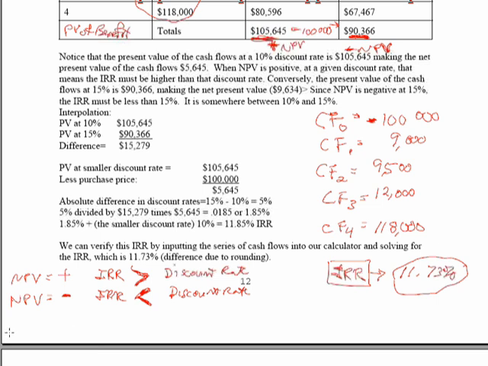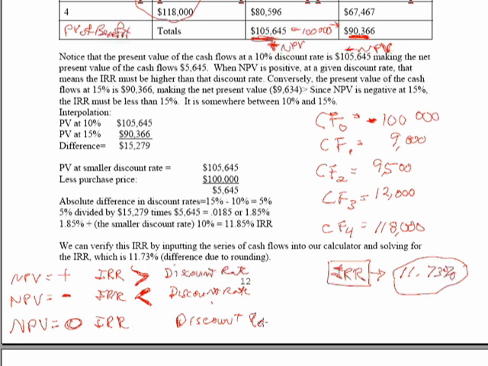And then finally, there could be a third option, right? The third option, what if NPV is exactly 0? What can you tell me about the relationship between internal rate of return and the discount rate? This is the big question here.